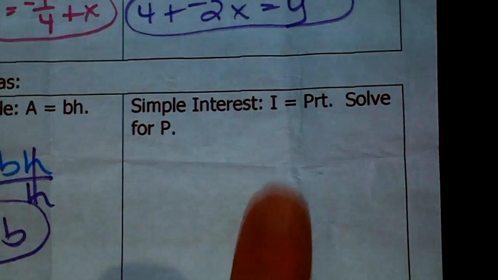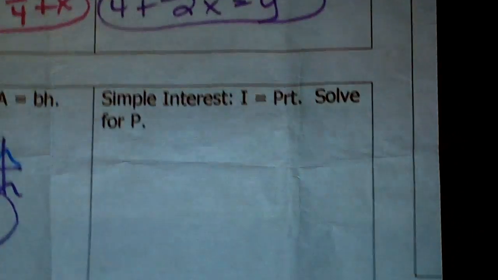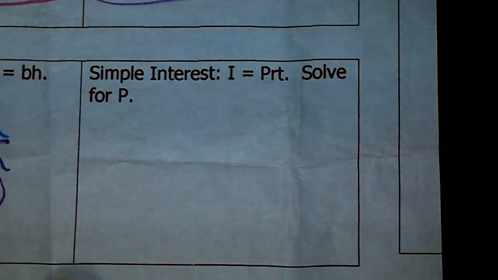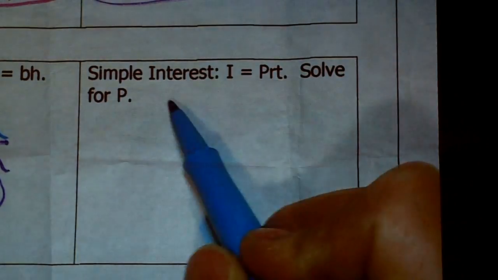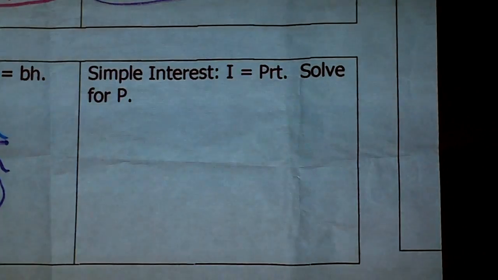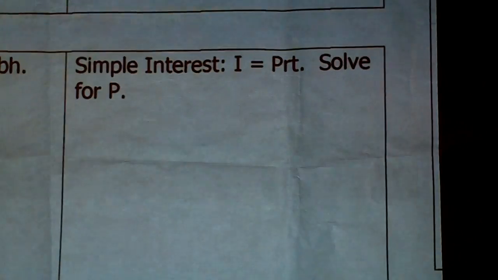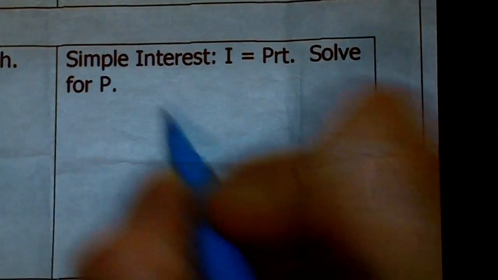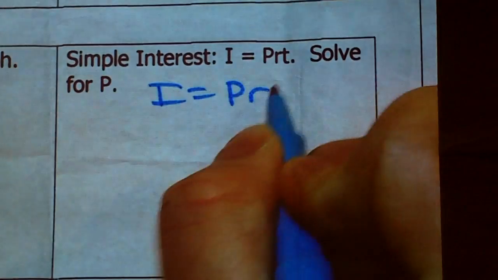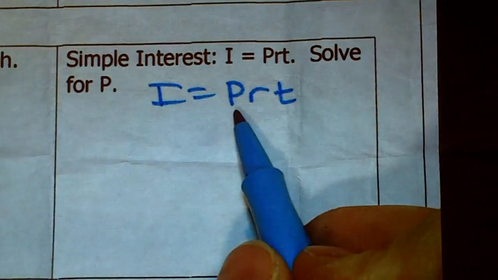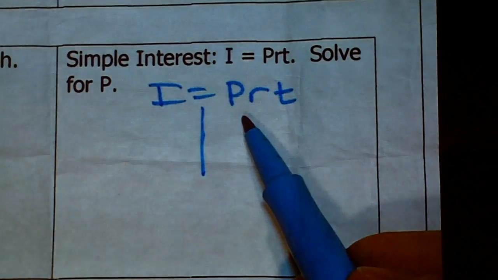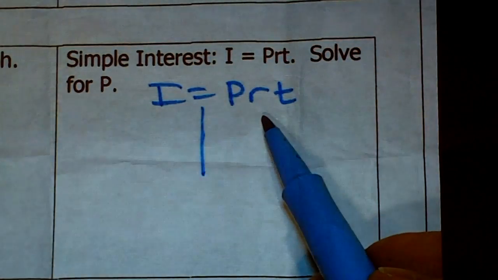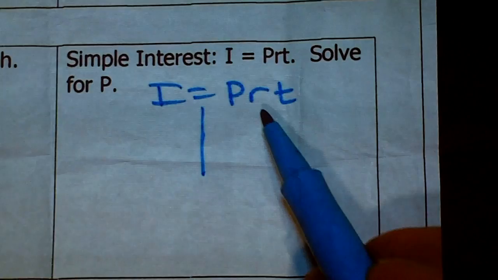I know you are all familiar with the simple interest equation because that was a whole skill packet for you. But in I equals PRT, let's say we wanted to solve for P. It sounds kind of funny, but I'll let it go. So I'm going to rewrite this. I equals PRT. I want to get P by itself. Now currently these are all being multiplied over here, and you know that when you divide a number by itself it's 1.